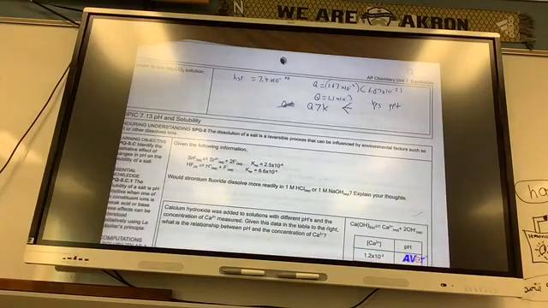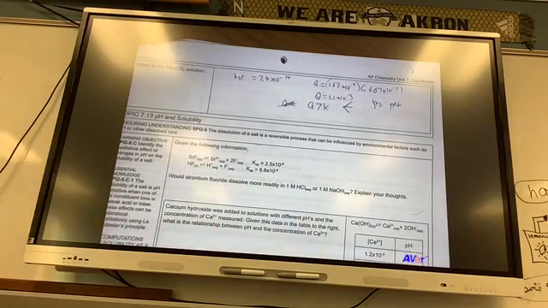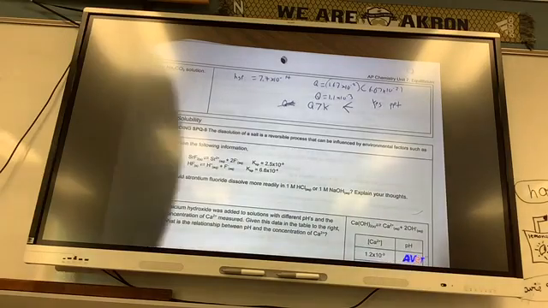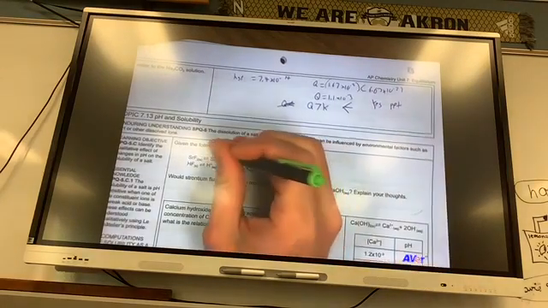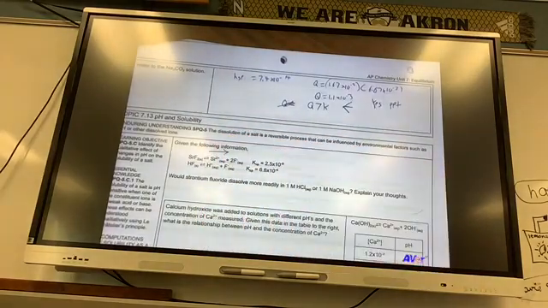pH and solubility, given the following information. Would strontium fluoride dissolve more readily in 1 molar HCl or 1 molar NaOH? So what is going to drive this more to the right is what it's asking.